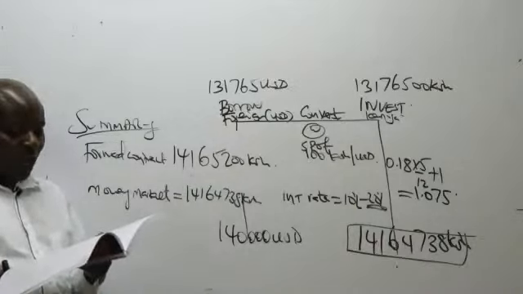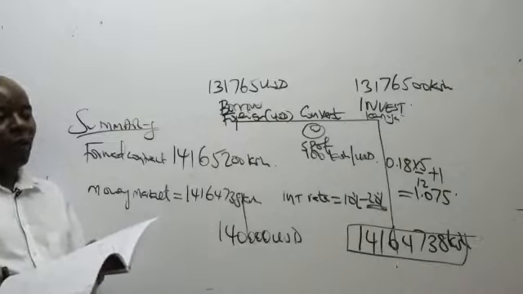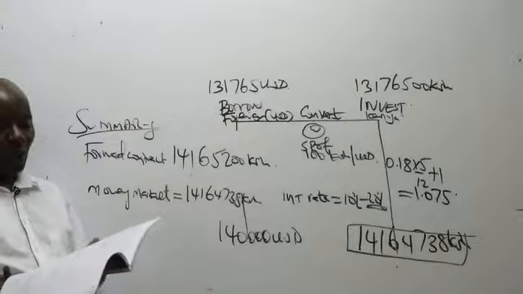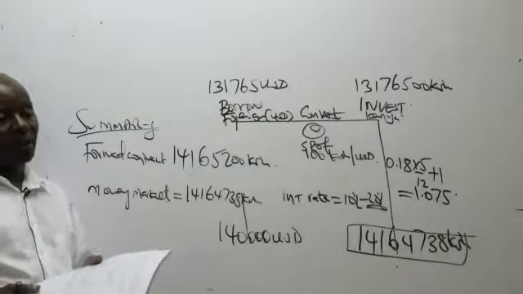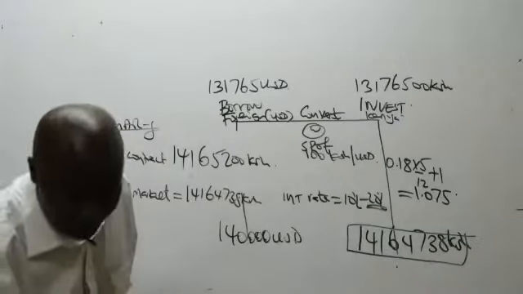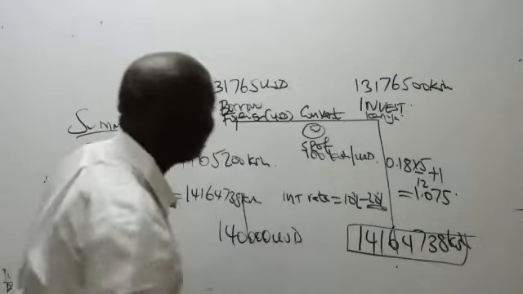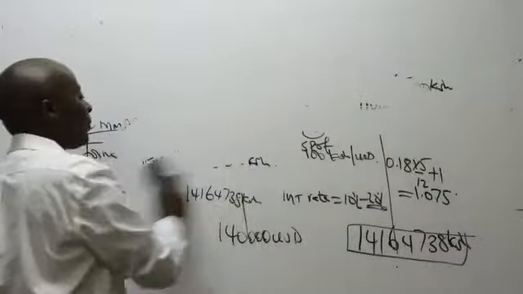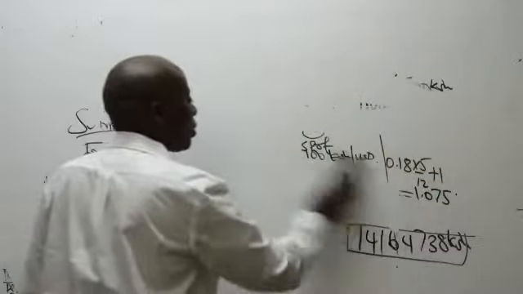So I would want you guys to start with the forward exchange rate model, the forward hedging model. You write there in full, forward hedge. You'll get all the marks.